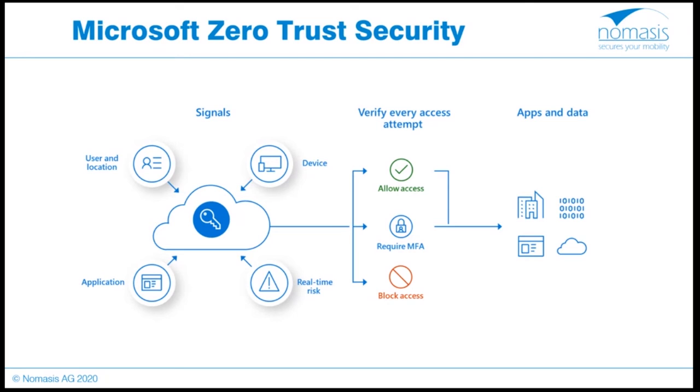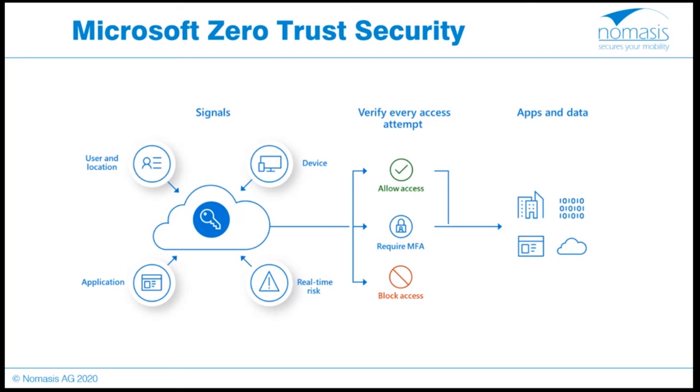And the access verification has one more thing. So maybe we say, okay, we know the user, we know the device, we know the application, and there are no real-time risks. Okay, we allow the access. The same user uses the same application with no risks identified on a device we don't know.